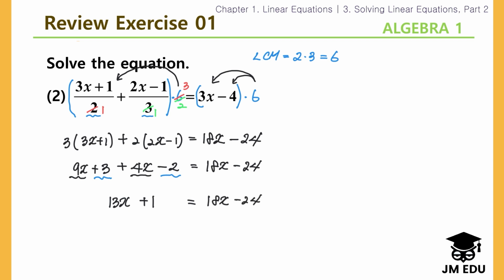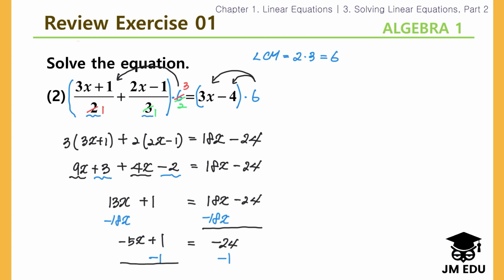So we're going to eliminate 18x on the right-hand side, minus 18x, minus 18x. So right-hand side will be minus 24. Left-hand side, 13x minus 18x, that's minus 5x. Plus 1, right? Now remove 1. Subtract 1, subtract 1.